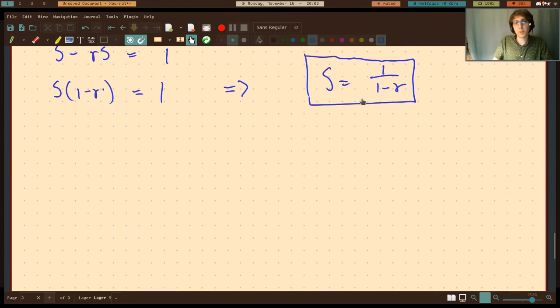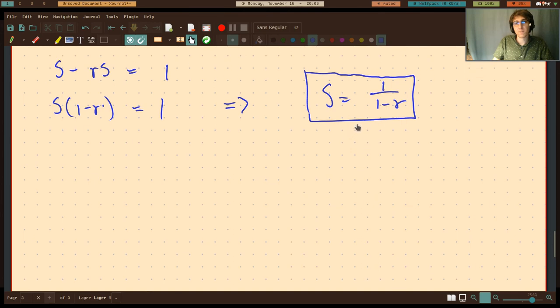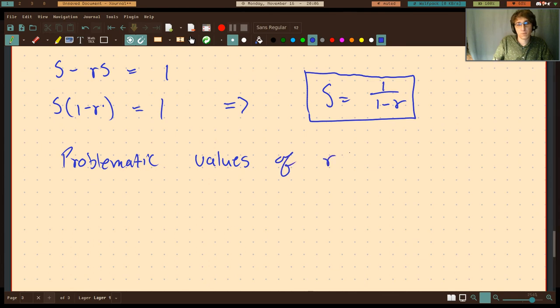And some of you might be noticing that some values of r don't work. Some of them are problematic. So let's start. Problematic values of r. R equals 1, right? S equals 1 over 1 minus 1, 1 over 0.